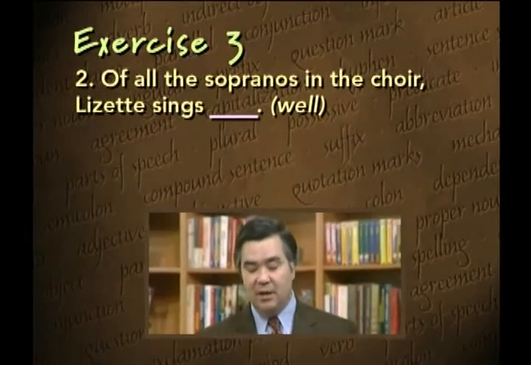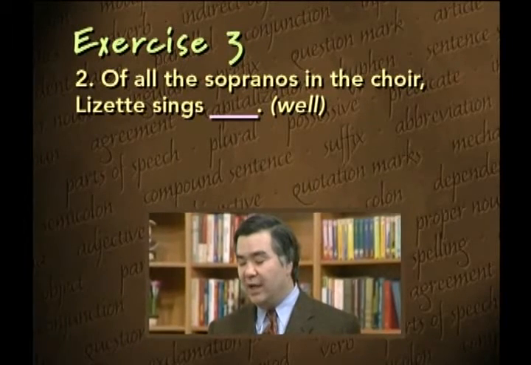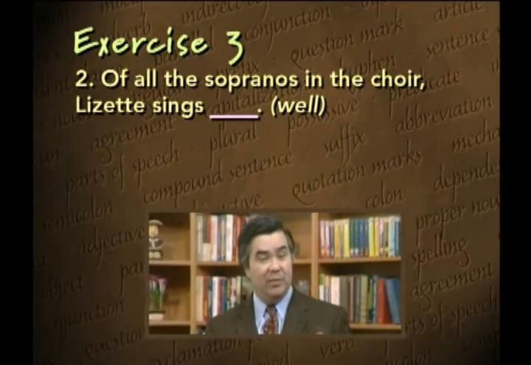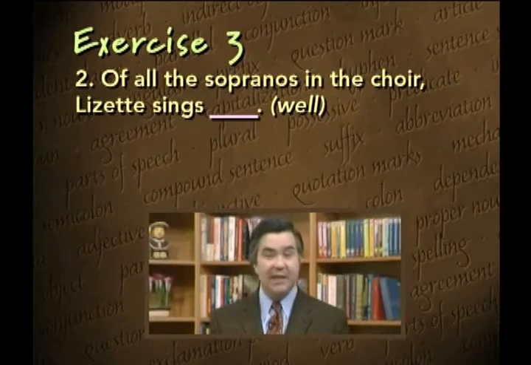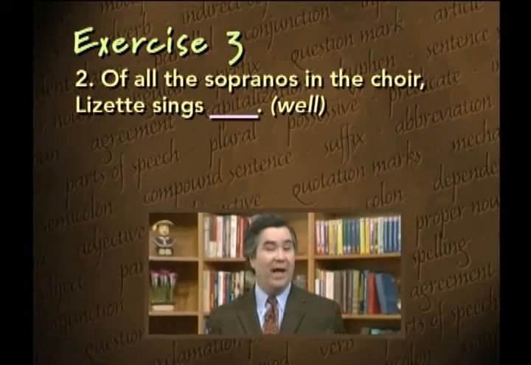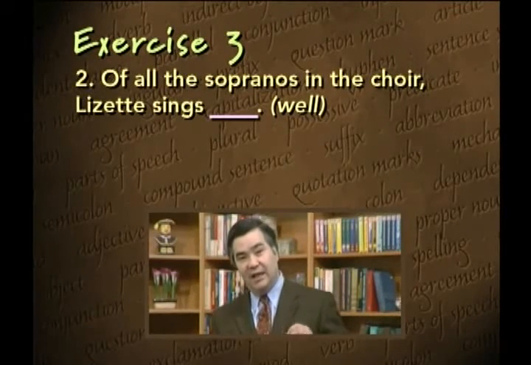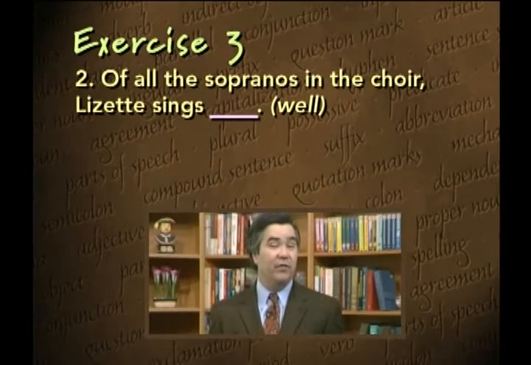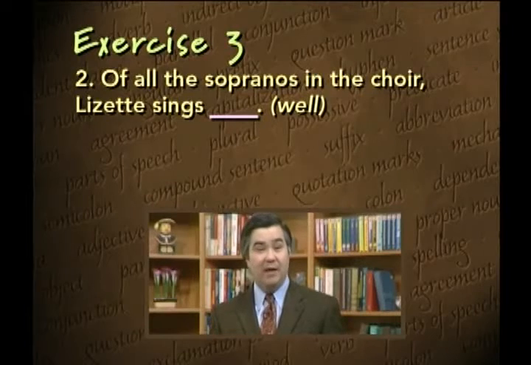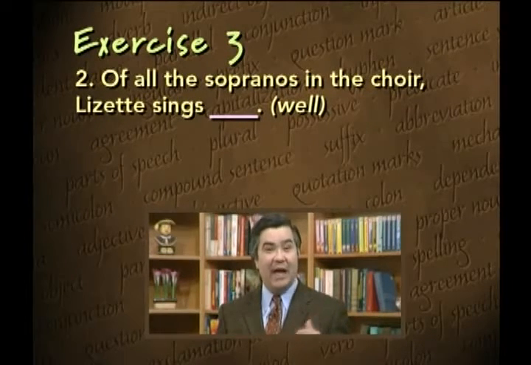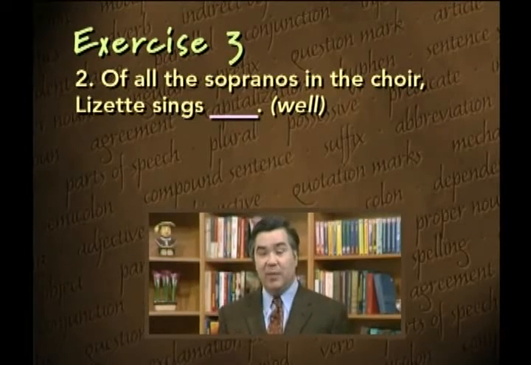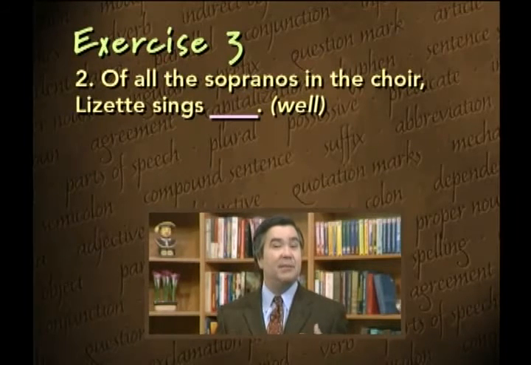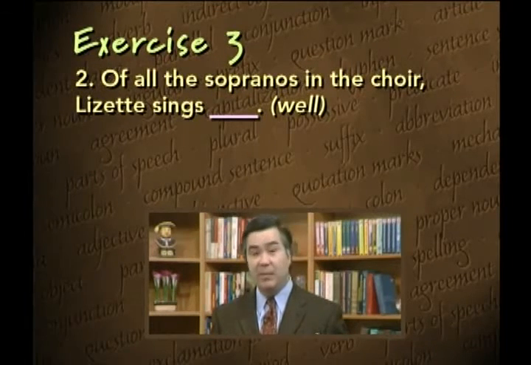Next example. Of all the sopranos in the choir, Lisette sings blank. And the positive degree of the word is well. Now, in this case, do we want a comparative or superlative form of the adverb well? Once again, it's based on how many things or people are being compared. And in this case, it seems clear that more than two people are being compared.